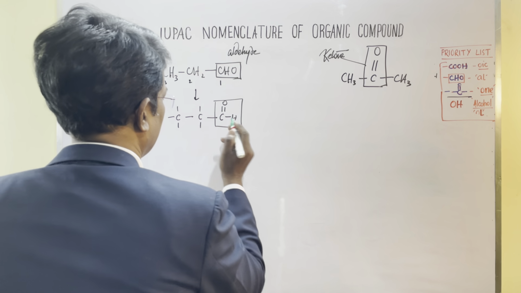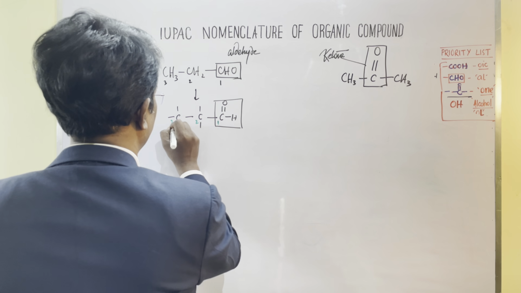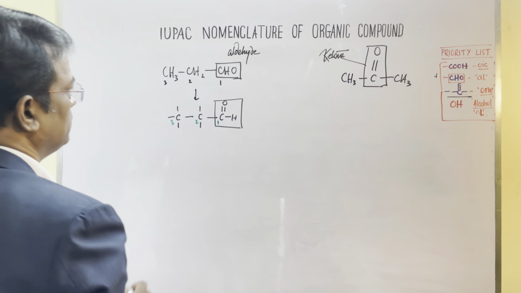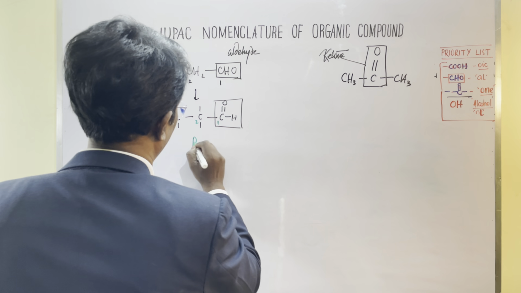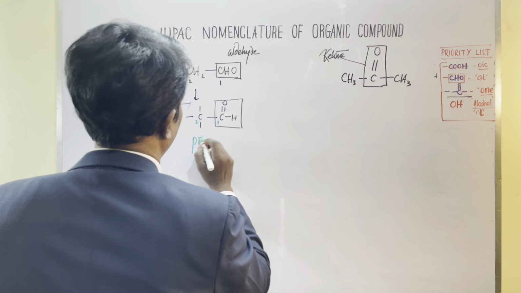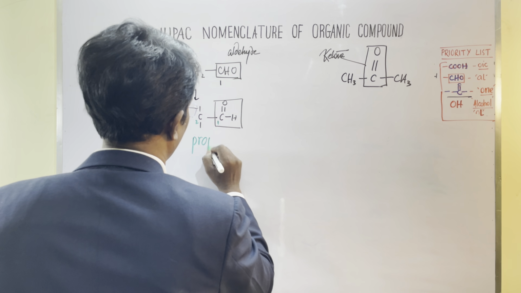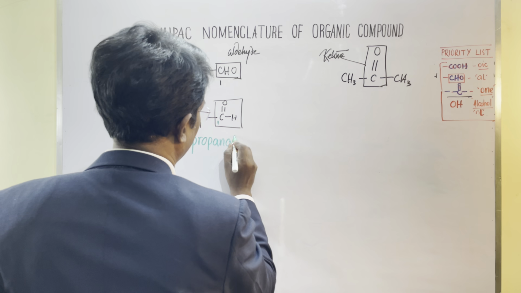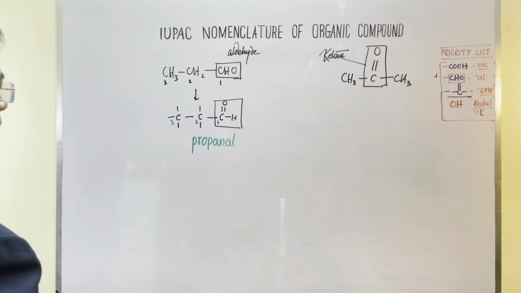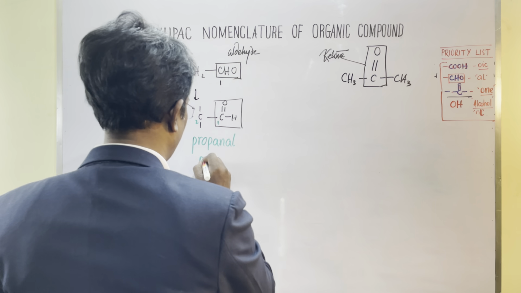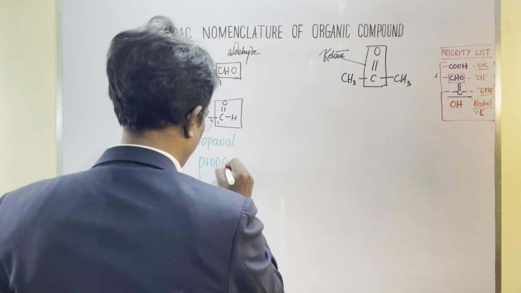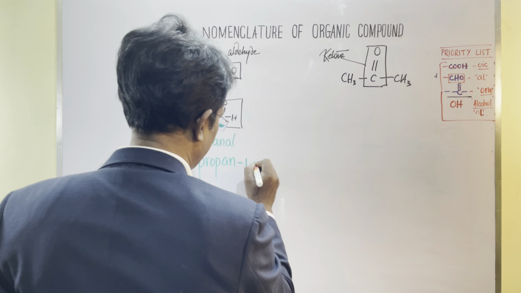So it gets 1, 2 and 3. Since it's an aldehyde, it will be propanal, propan-1-al.